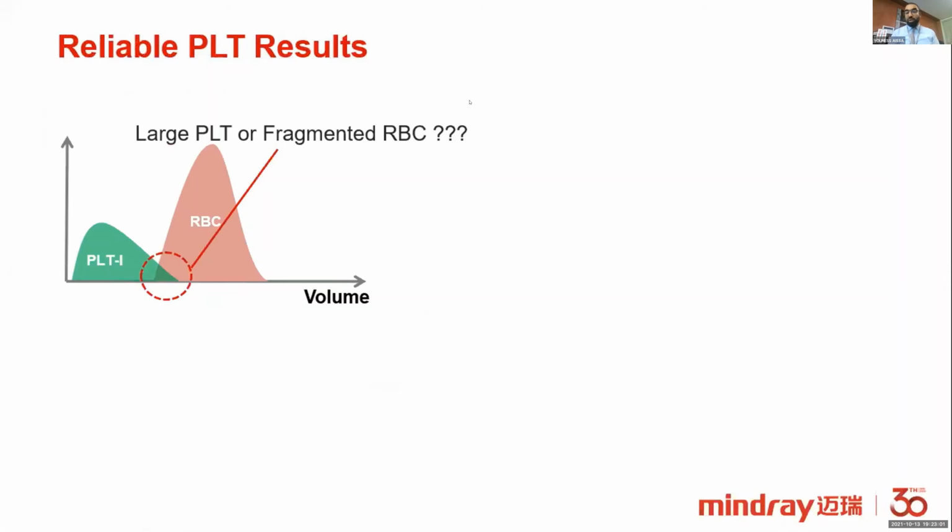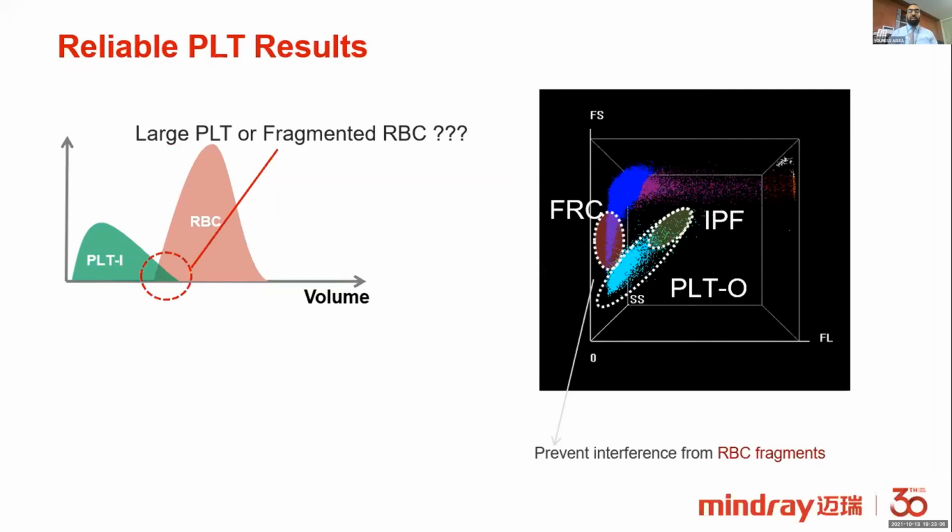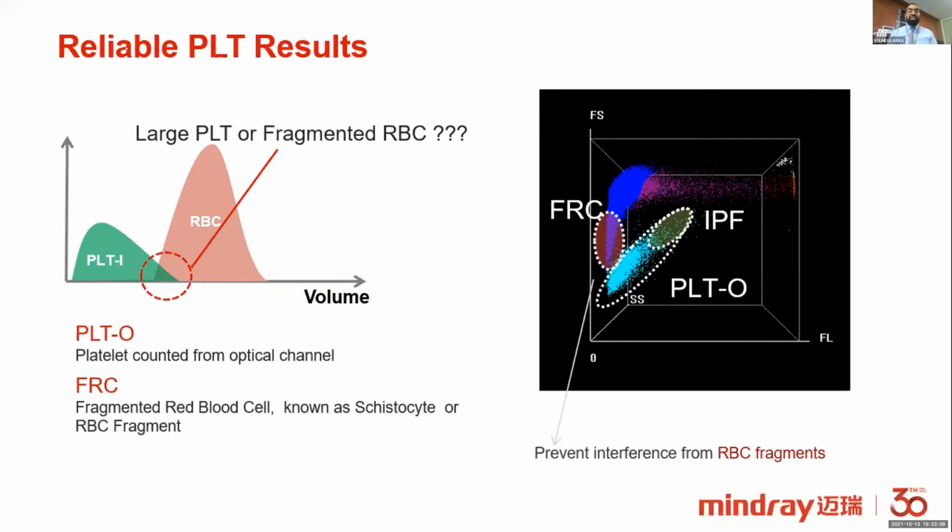Also, why we call it reliable platelet results: as you know, all technology now uses only the size of cells for platelets and RBC. The technology used is impedance, so we are based only on size. Small cells are platelets, and big cells are RBC. That's the problem we face when we have samples with large platelets or fragmented RBC.